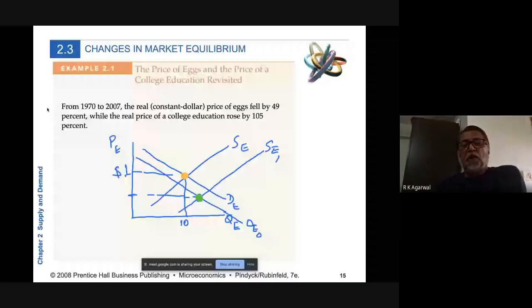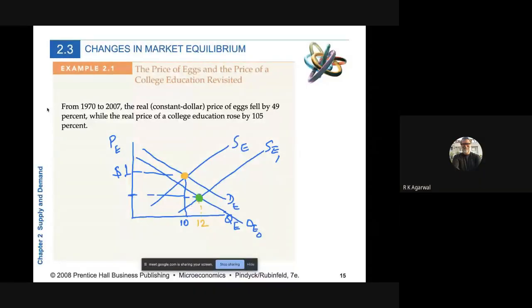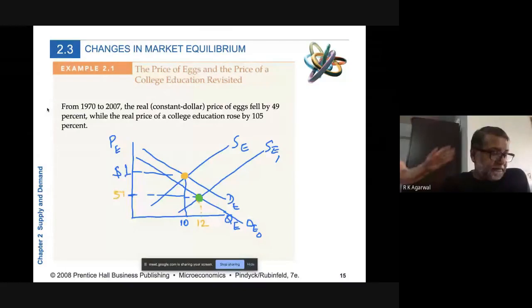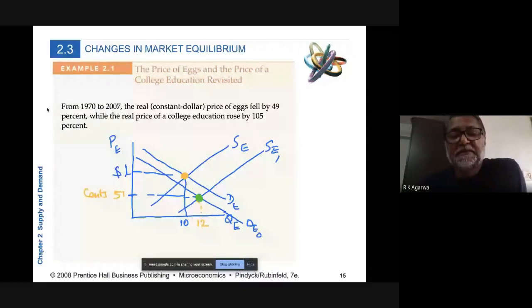So the green dot suggests the new equilibrium point where you are consuming more eggs than before, but at a lower price of 51 cents. So what has happened?